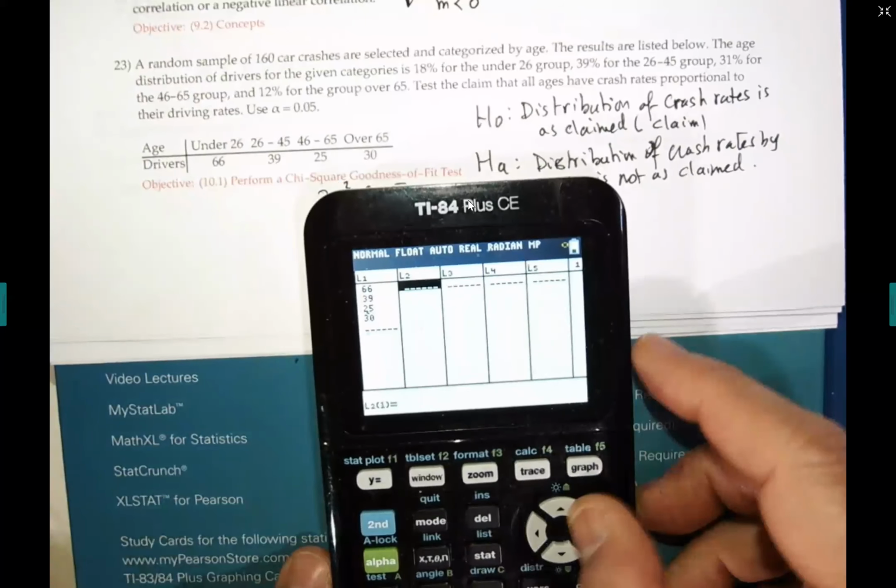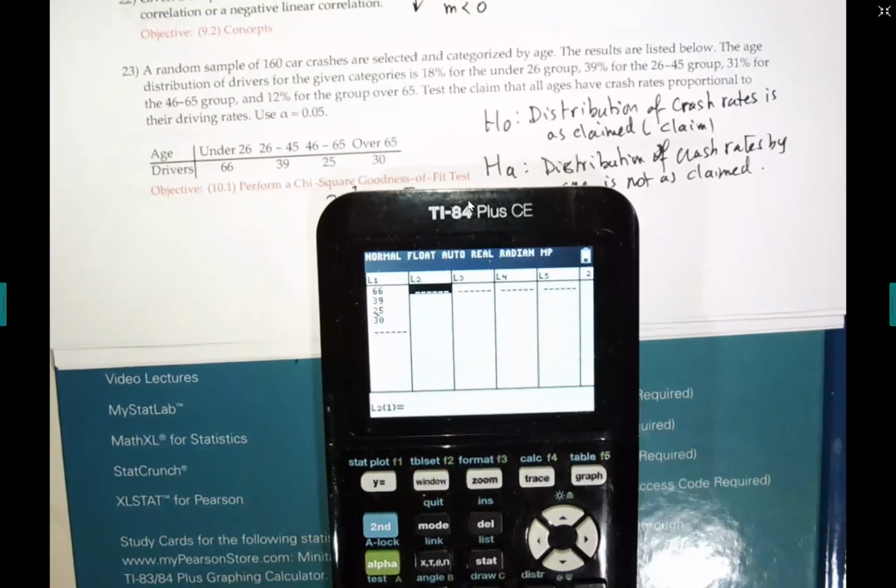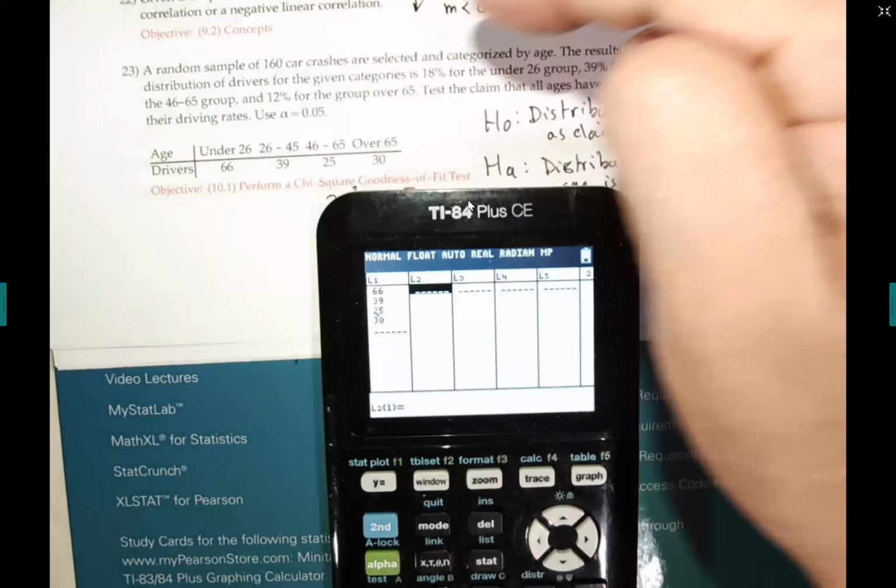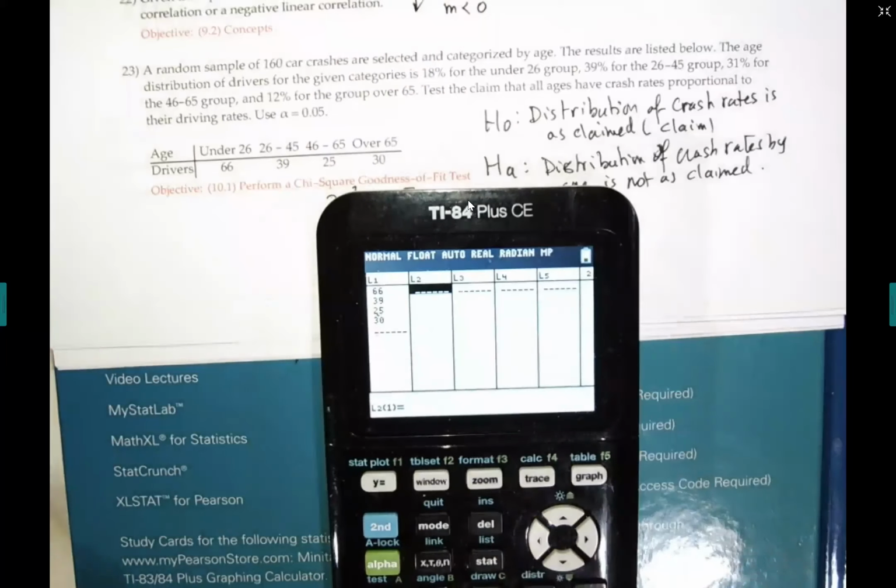Now let me show you how to find the expected values. The expected values are the percents of the total. He must have given us 4 percents because I have 4 categories, and he did. The first percent, guys, was 18%, and you do 18% of 160. Not 18% of 66, it's 18% of the total, n times p. So 0.18 times 160.